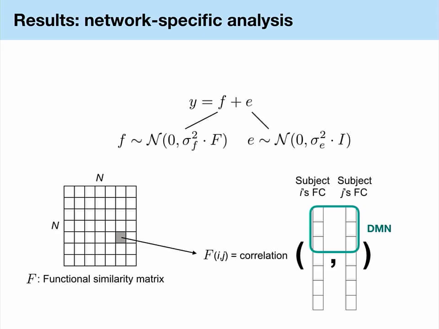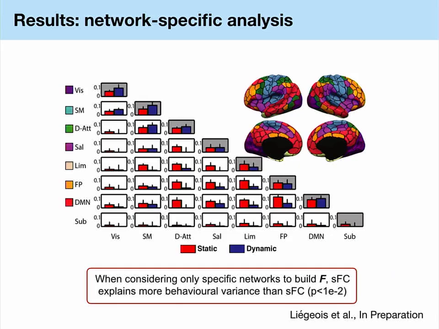So for example, if we focus on the DMN, we will use only the connectivity measures within that network, or within another network, the visual network, or considering the connectivity between two networks. So here the DMN and the visual network. And if we do this, this is what we get.